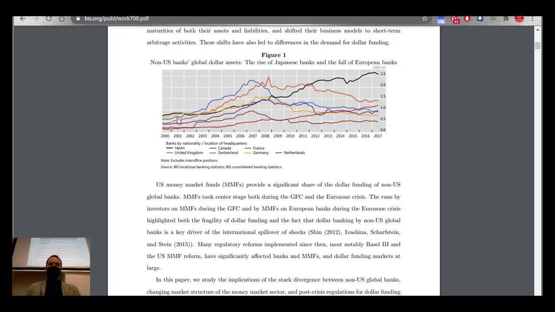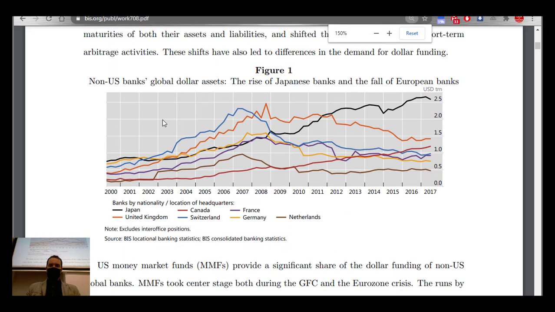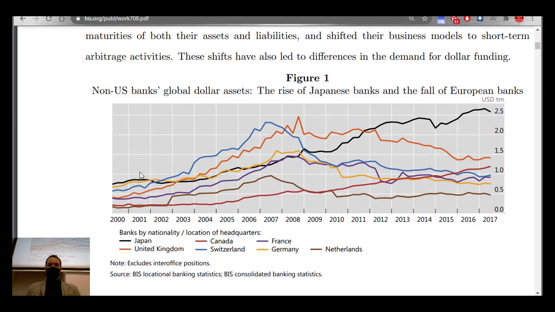So we can see that, if you look at the data, this is absolutely not bank-based lending on the financial markets in US dollars.